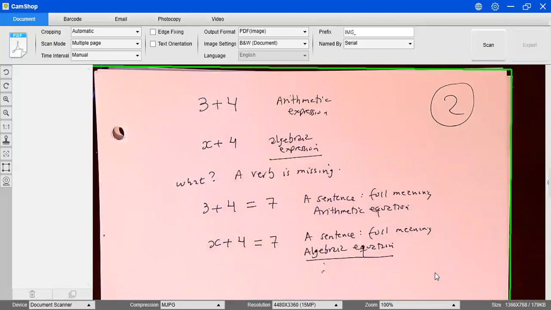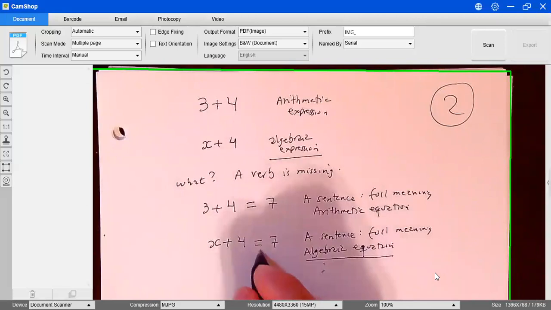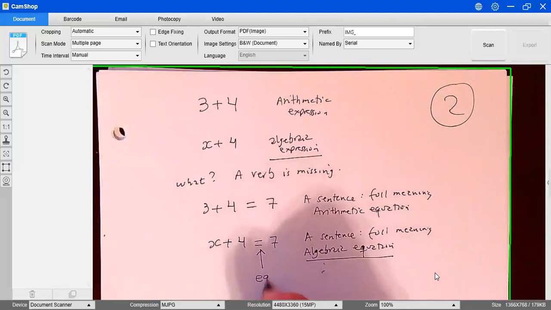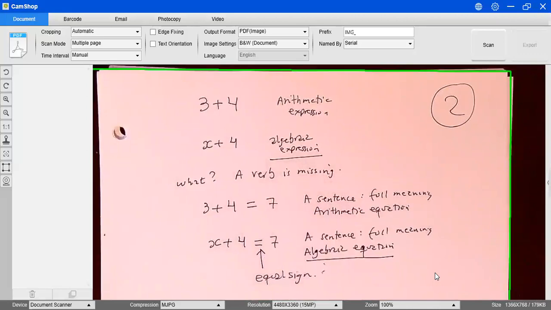This is the first concept that I need you to be very, very sure that you understand. The difference is the equal sign. When you have the equal sign, you have an equation.